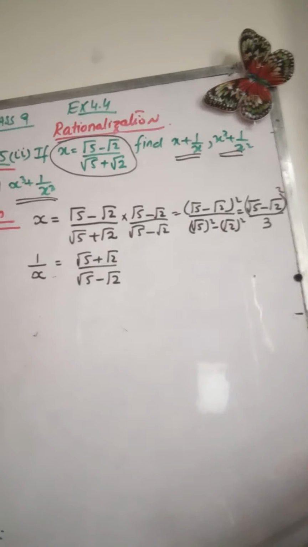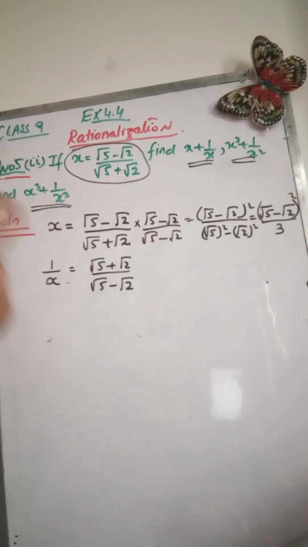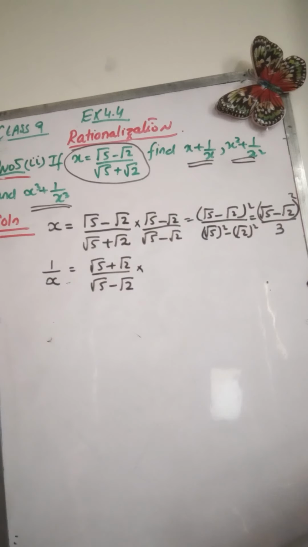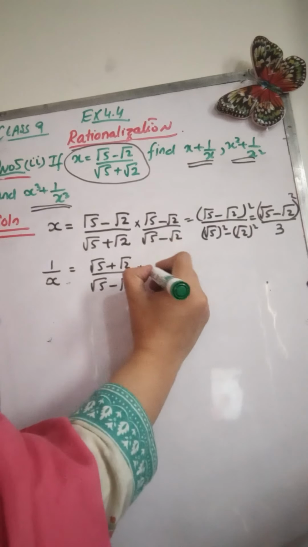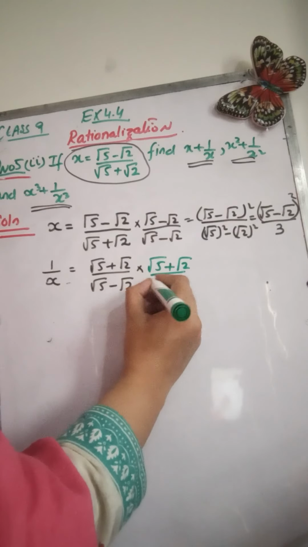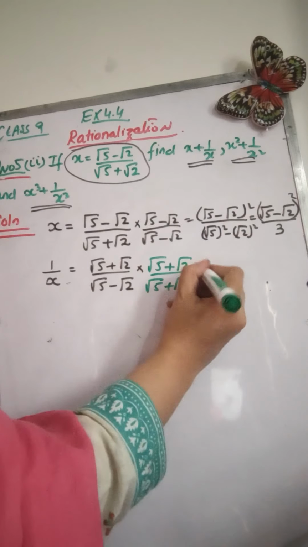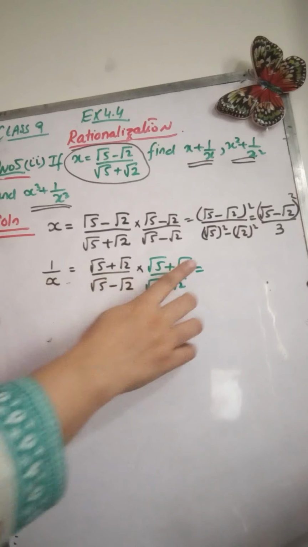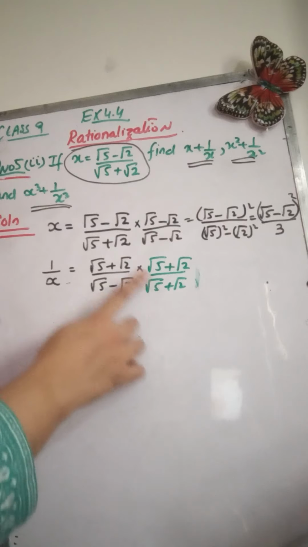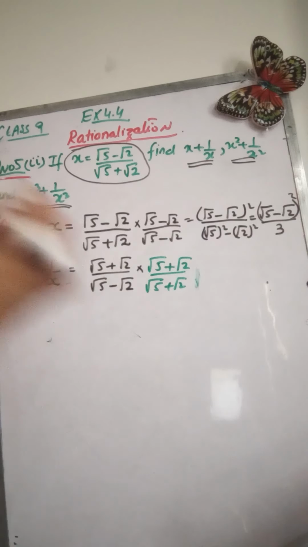So now again rationalizing this expression, I am going to multiply the conjugate of the denominator in the numerator as well as the denominator. This is the conjugate that we are going to multiply in the numerator as well as the denominator. I am doing the rationalization of this expression.